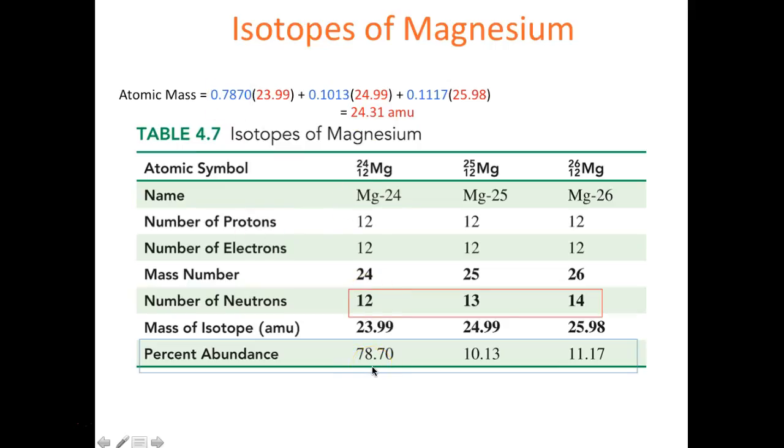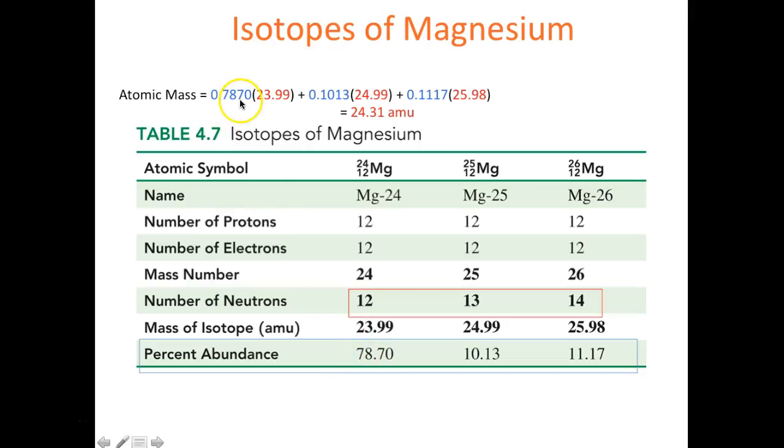The weighted average differs from a straight average in the sense that you're taking the percentage of each one, multiplying it by the respective mass, and then adding up those fractional masses to get the final mass. So 78.70%, that means you're dividing 78.70 by 100, so you move your decimal point 2 places to the left.